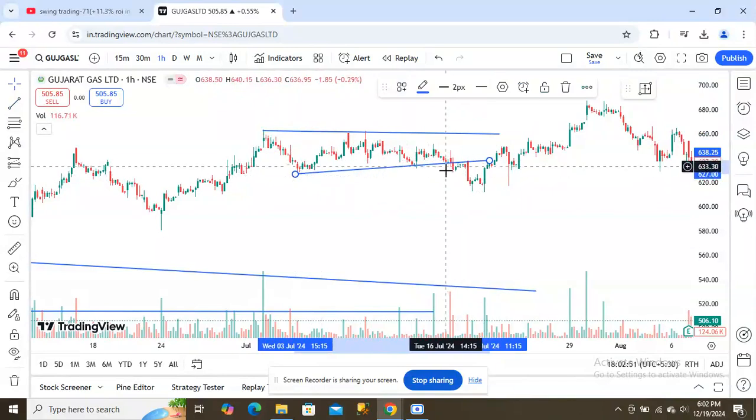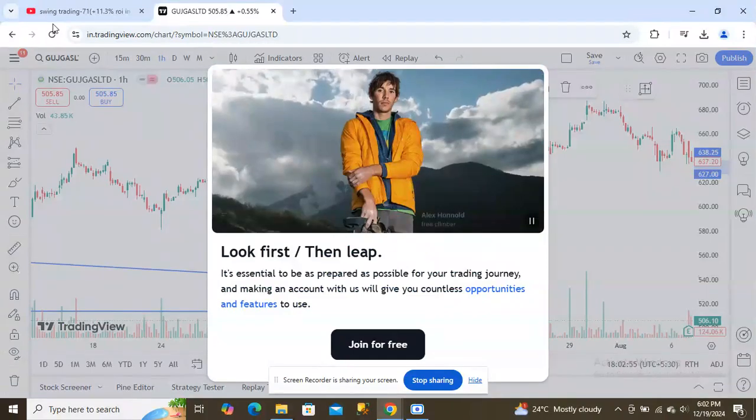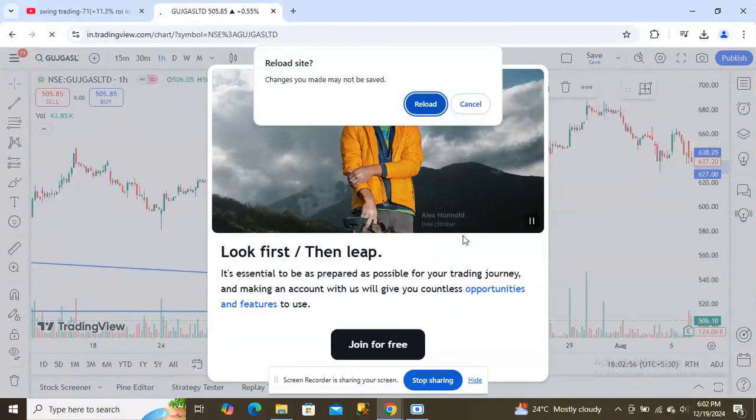I thought this is the breakdown because one, two. It is not even a proper rejection in the 1 hour time frame. But I considered that a rejection, and the candle is broken below that 1 hour time frame pattern. So I thought the pattern is breaking down. So I exited at that candle.